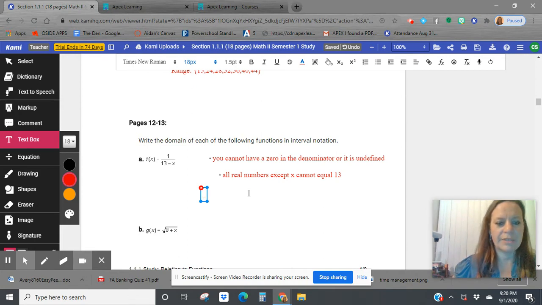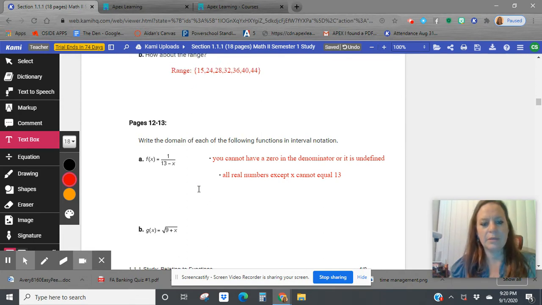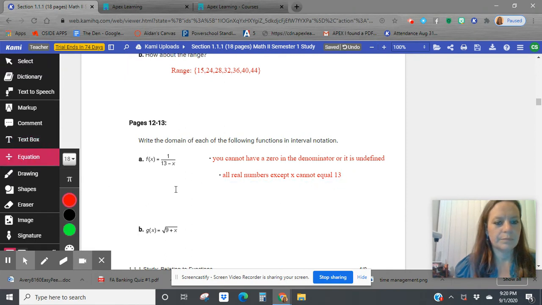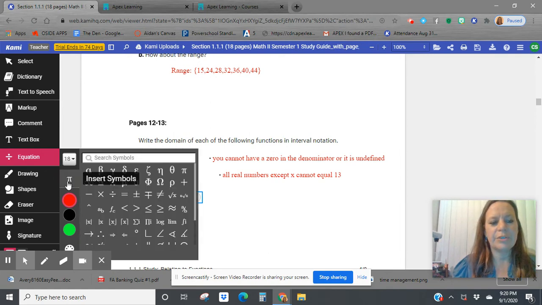And by the way, I'm going to go into the equation. And so we're going to say that it goes from negative infinity up to 13, not included, and then from 13 to infinity.